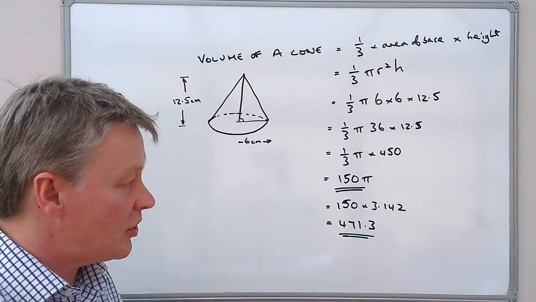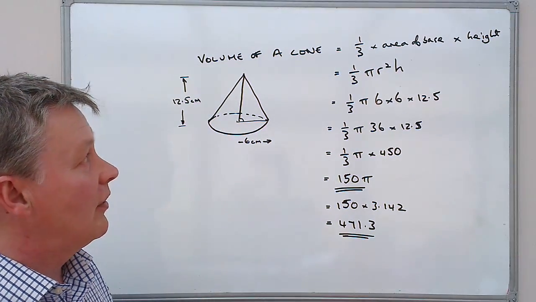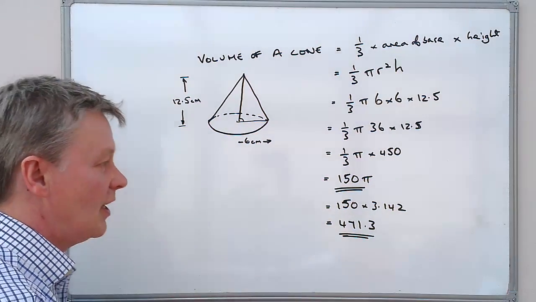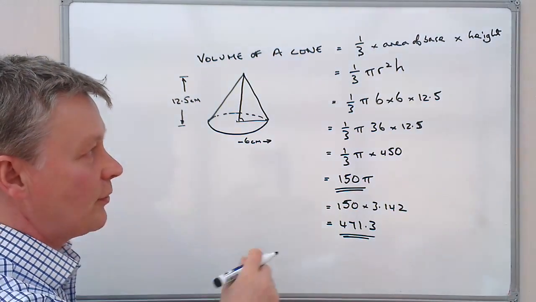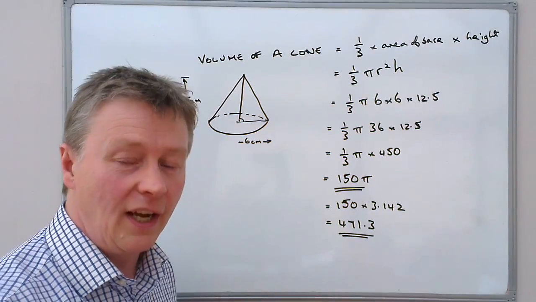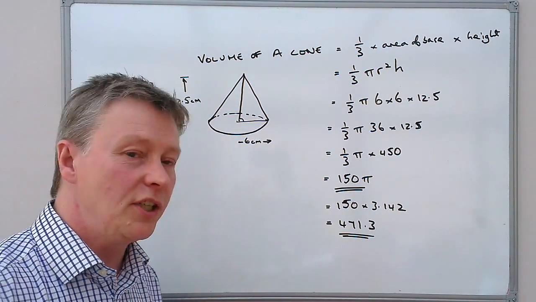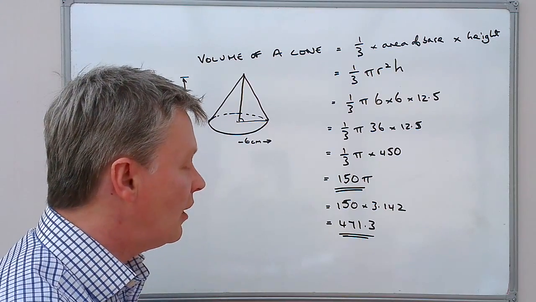The only thing I need to remember to do is to put my unit value in place, because I think with these sorts of questions, particularly grade A, if you don't put the unit value in, then you're quite likely to lose a couple of marks.